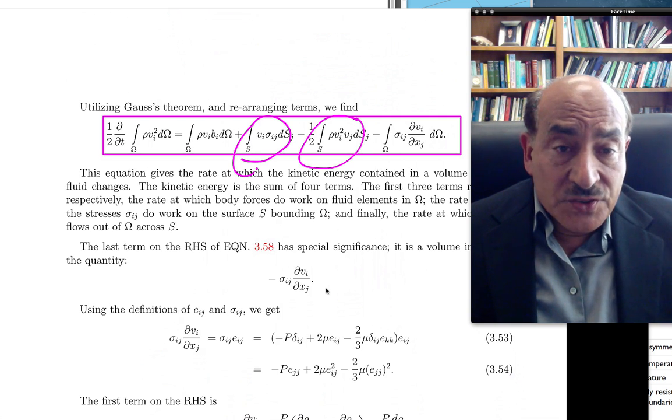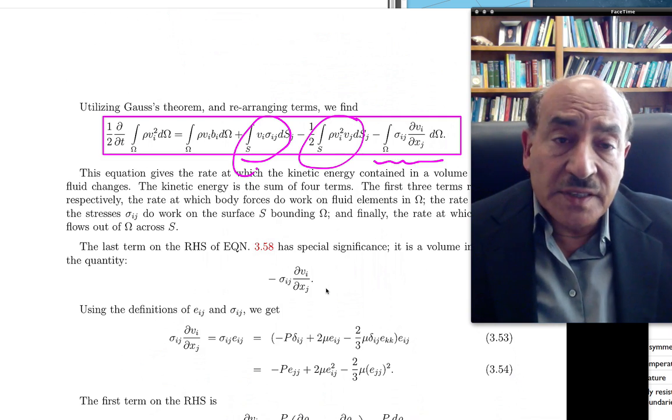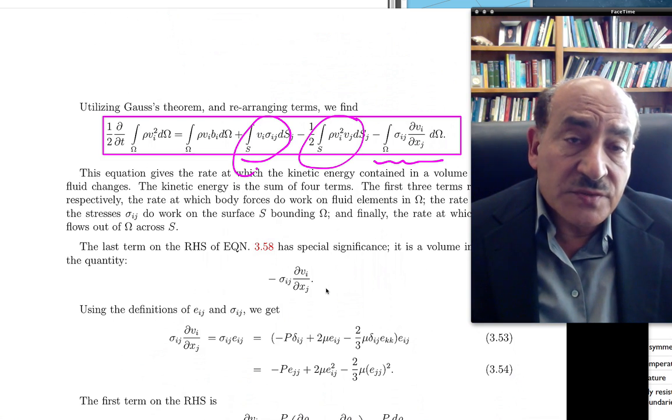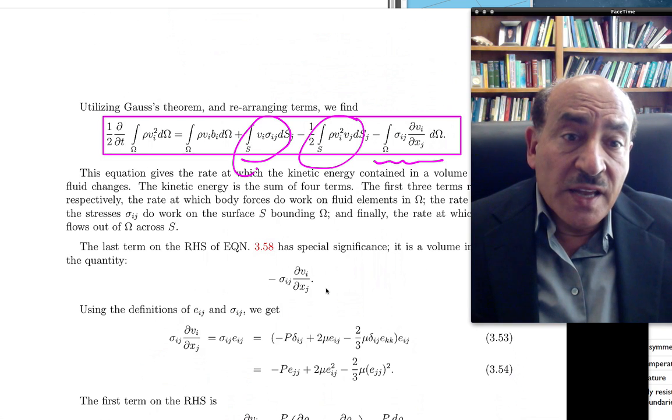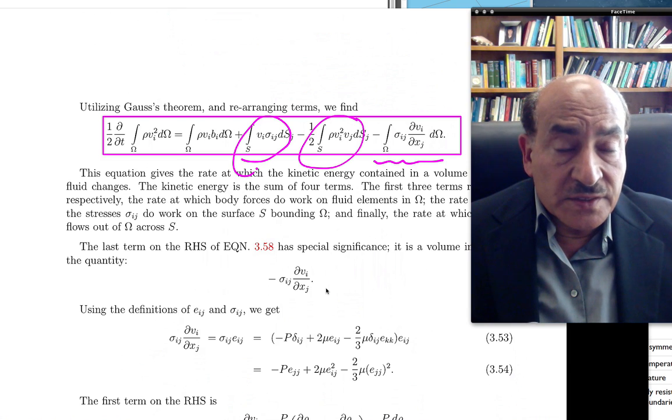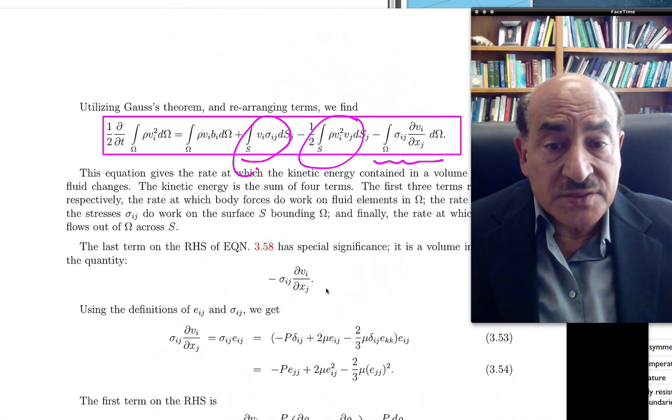Now the last term in this equation is a special term, and we will pay attention to it because it represents the product of the stress tensor and the deformation rate gradient tensor.